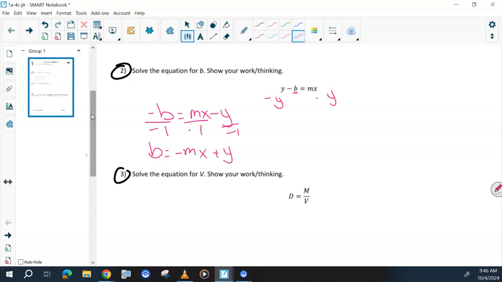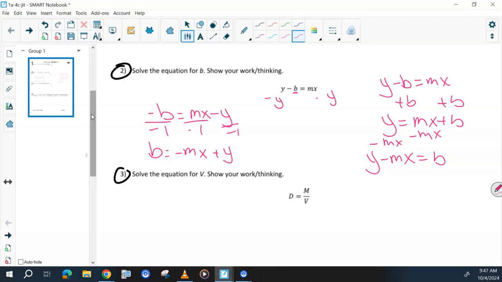If we had instead moved b by adding, then we could get rid of mx by subtracting. We would get the same thing either way, just they'd look different. Questions on that?